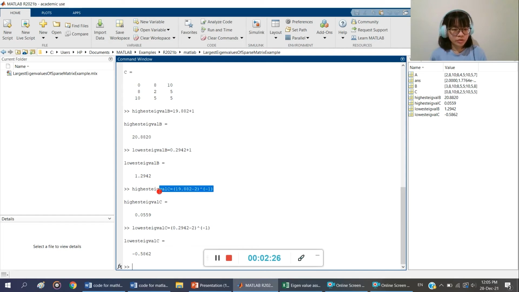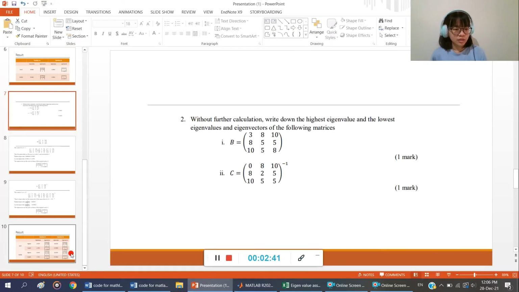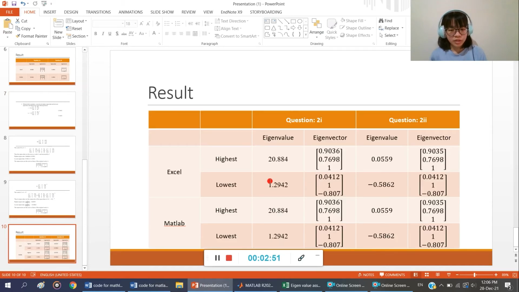For the highest eigenvalue and lowest eigenvalue of C, use the eigenvalue of A minus 2, then inverse it. And lastly, compare the answers for MATLAB and Excel. I will get the same answer.